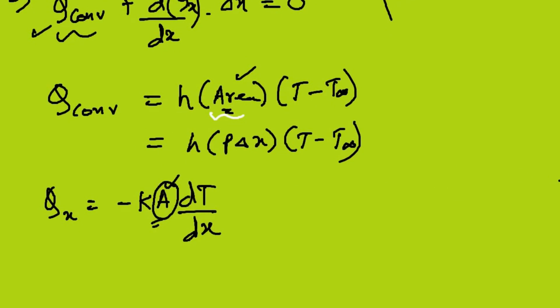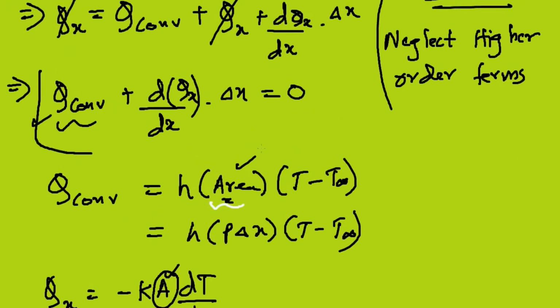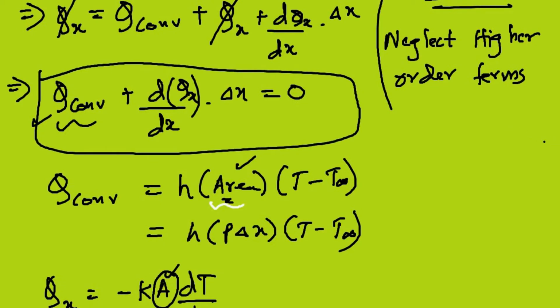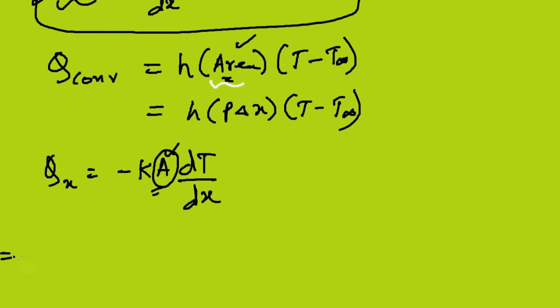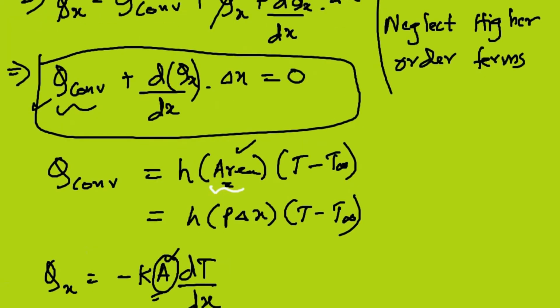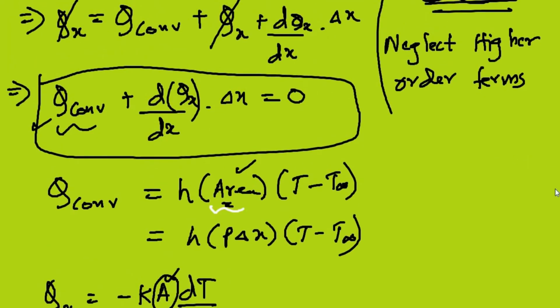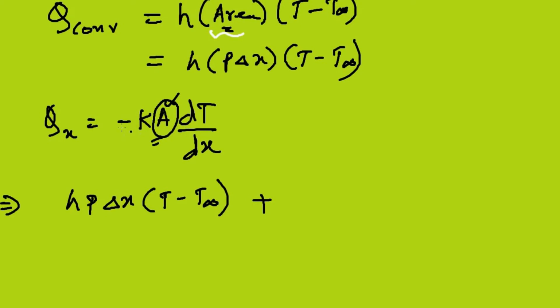So if I put both of these equations in this main equation, then what will I get? This will become hP delta x (T minus T infinity) plus d/dx of qx. It is a minus sign, so it will become negative eventually.